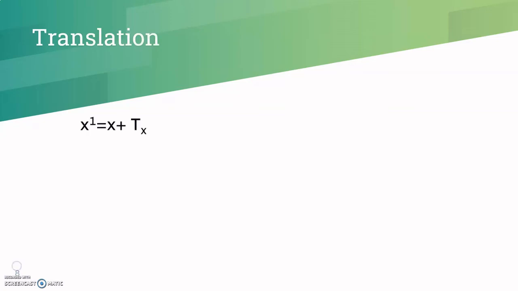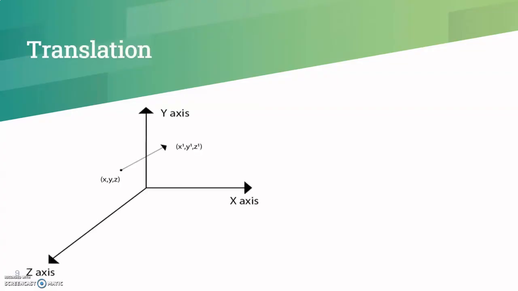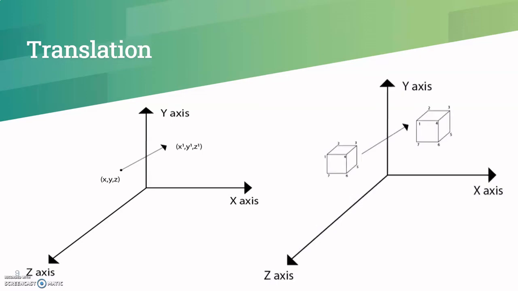Okay. So we have X1 is equal to X plus Tx, the equation for translation. Y1 is equal to Y plus Ty and Z1 is equal to Z plus Tz. Now this is how we can translate a point X, Y, Z to X1, Y1, Z1. Okay, and this is how a cube is being translated.